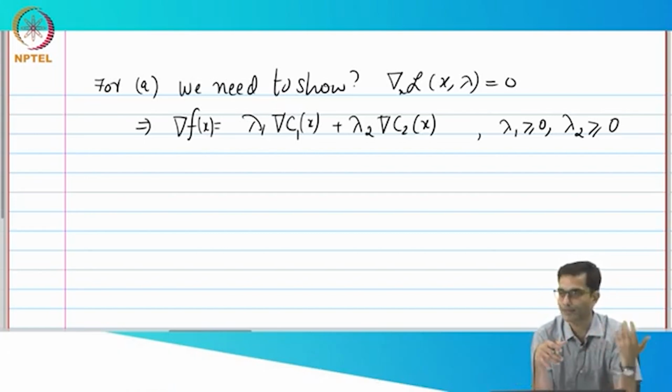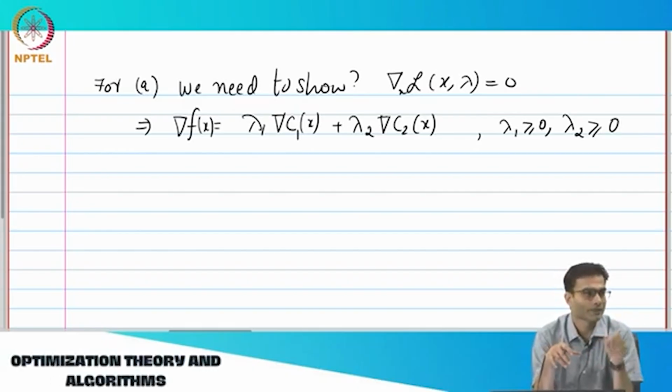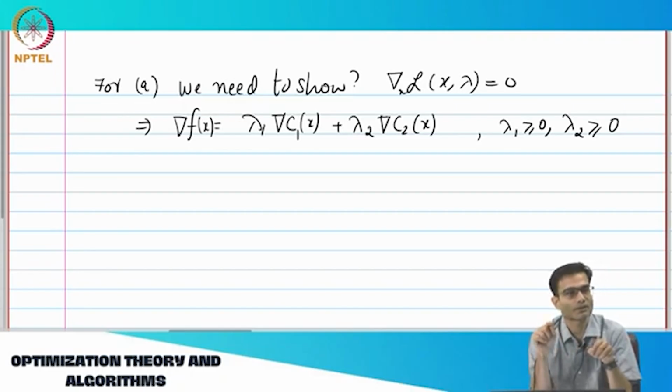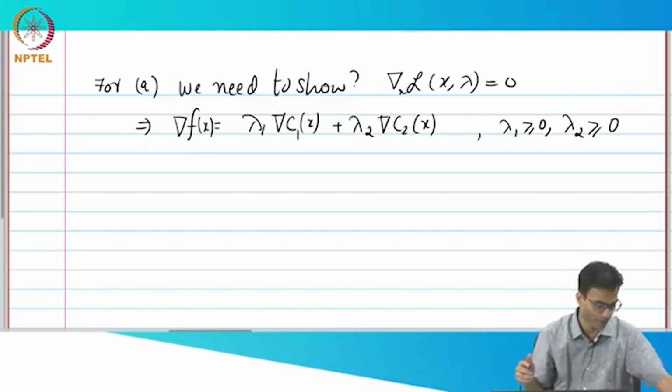Last class we had defined what a cone is. If a vector lives in a cone, then its positive scalar multiple should also live in the cone. You can verify that the definition will easily hold true over here.